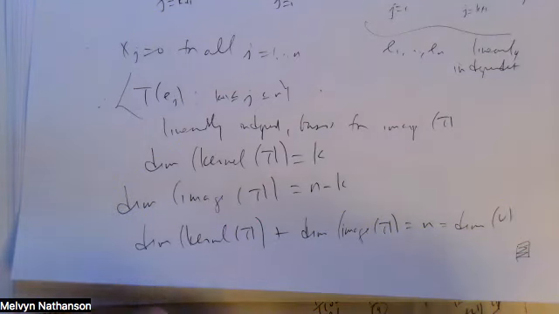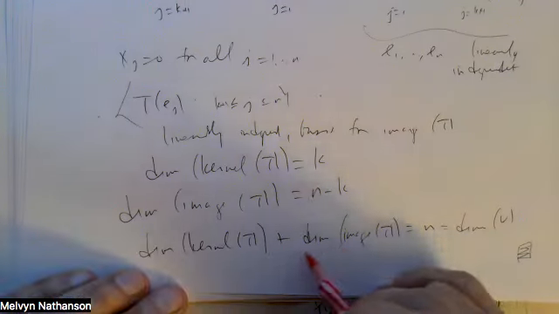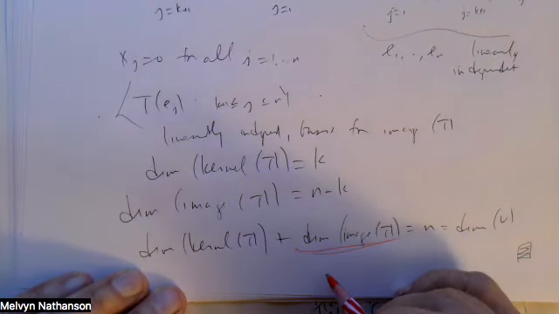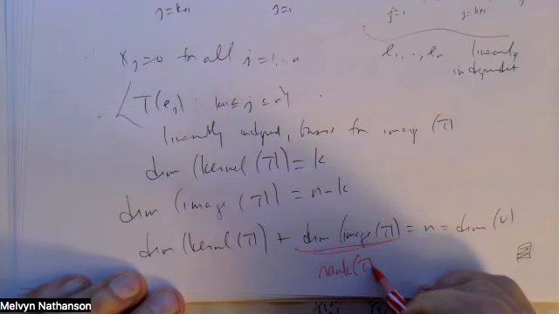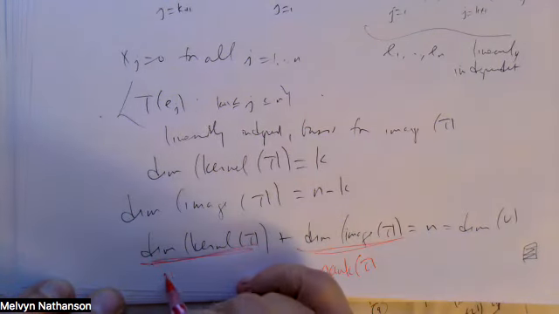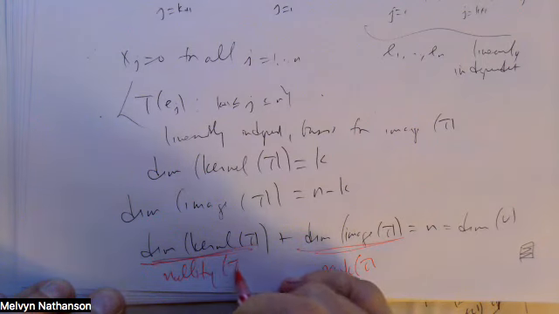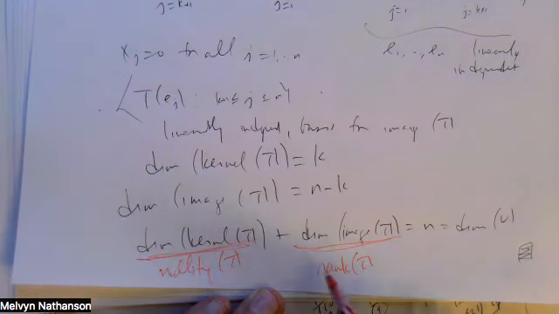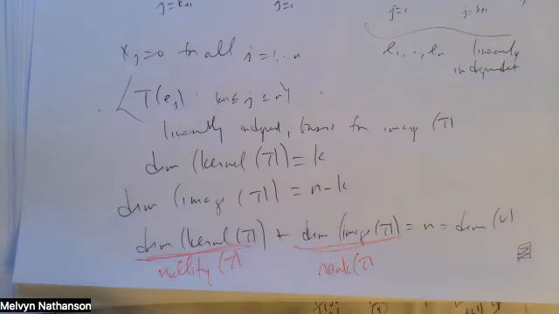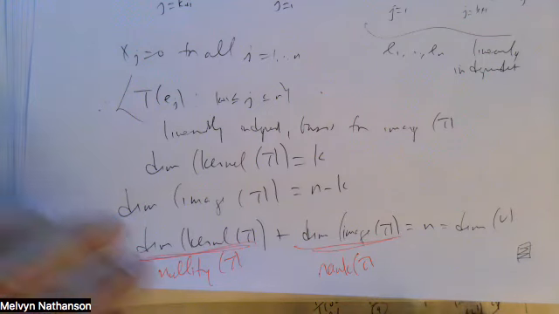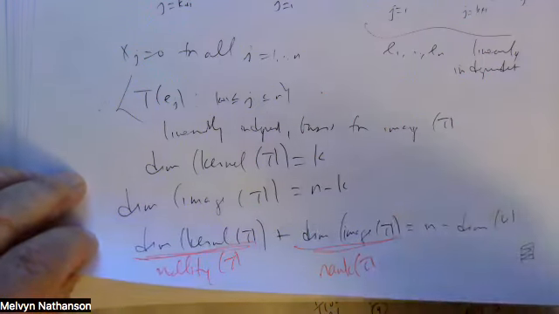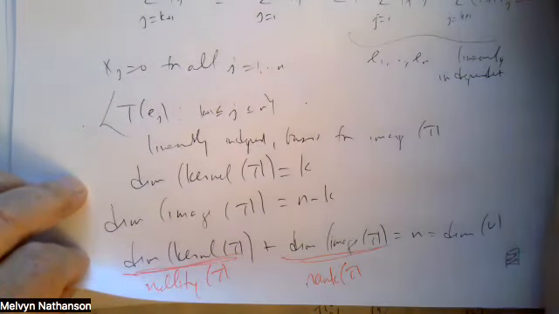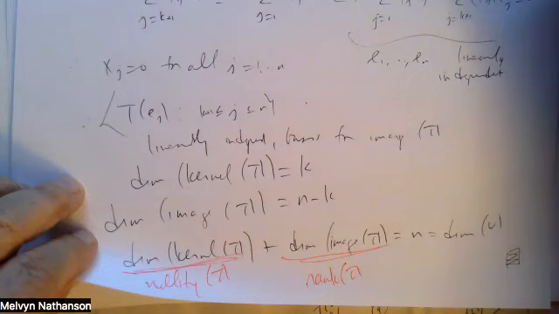Now, there are lots of vocabulary words in linear algebra. The dimension of the image of T is sometimes called the rank of T, and the dimension of the kernel of T is sometimes called the nullity of T. So you often see this theorem stated as follows: for any linear transformation T, the nullity plus the rank is the dimension of the domain space V. But that is the proof of the theorem, which is a very important theorem in linear algebra, and definitely something you will be asked to prove on the final exam.